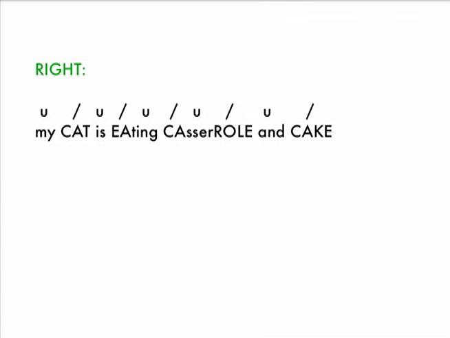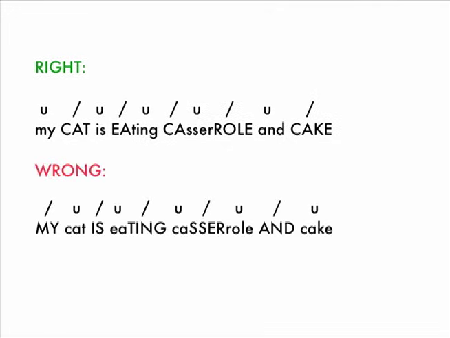My cat is eating casserole and cake. This is really the only way to say this line unless you want to sound like an alien from another planet. So if you were to reverse the stressed and unstressed syllables, for example, it sounds totally bizarre. My cat is eating casserole and cake. Well, that sounds wrong, right?